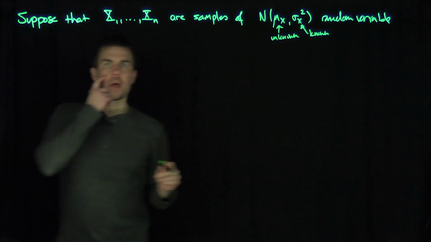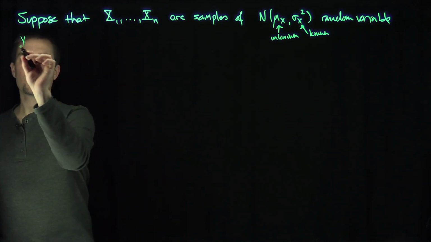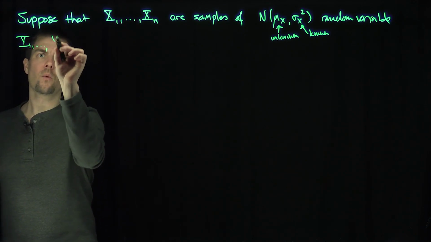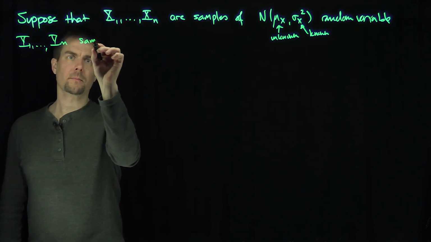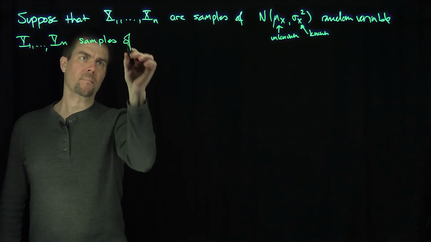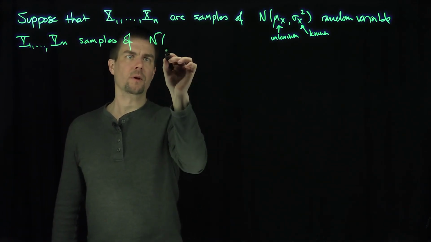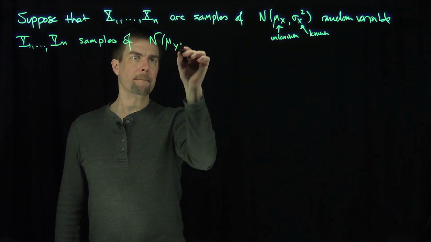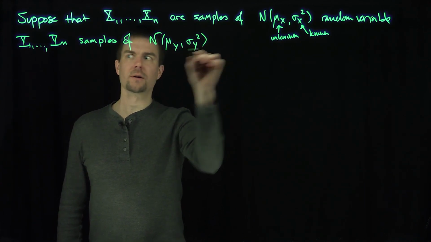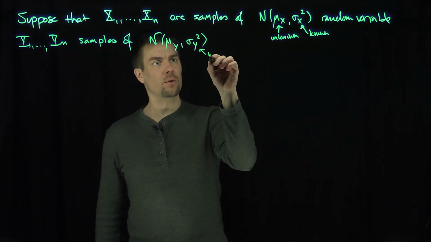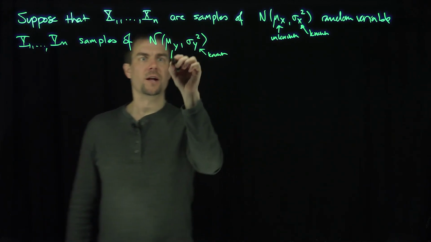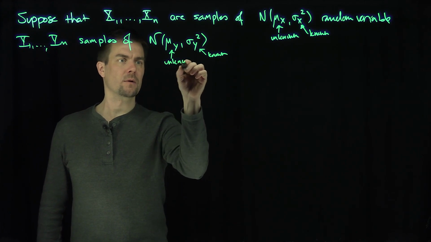Similarly, let y1 through ym be samples of a normal(mu y, sigma y squared) random variable, where sigma y squared is known, so you know the variance, and you don't know the mean. Okay?